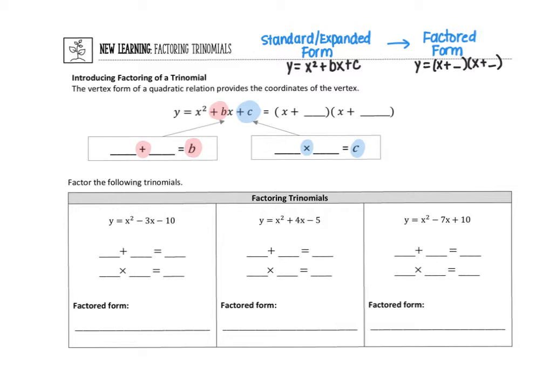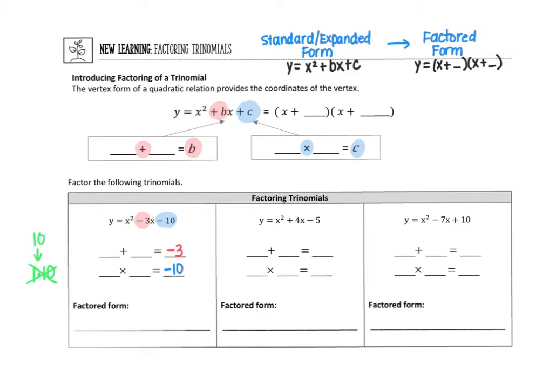We can start with -10. We need two factors that multiply to give us -10, so we'll think of all the factors of 10. We know that 10 can be found by multiplying 1 and 10, but there's no way we could add 1 and 10 to come up with 3, the center coefficient.